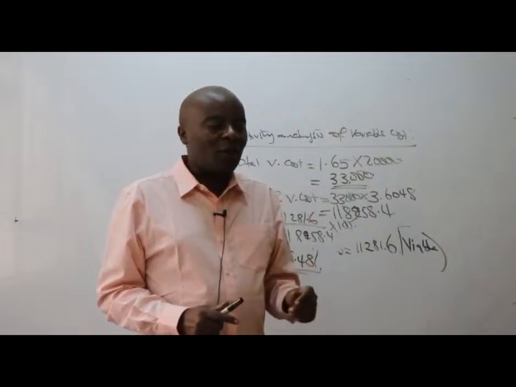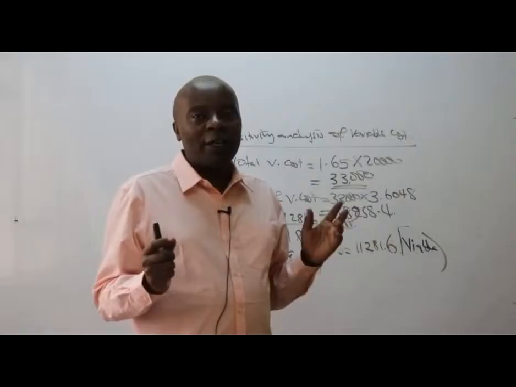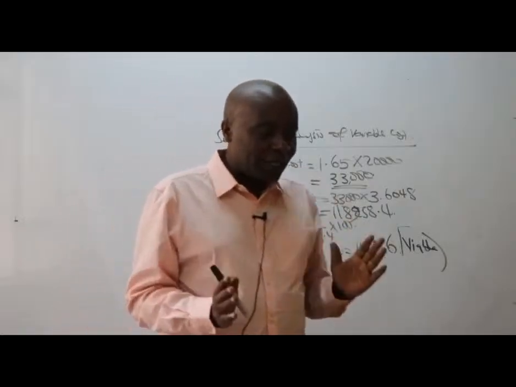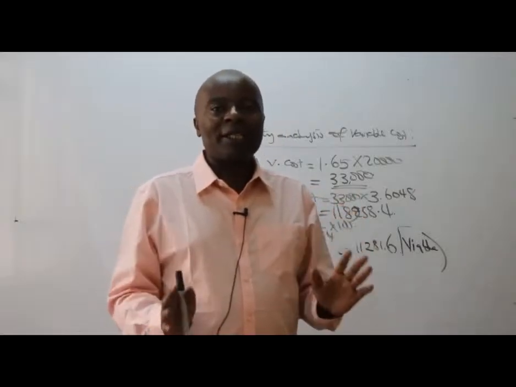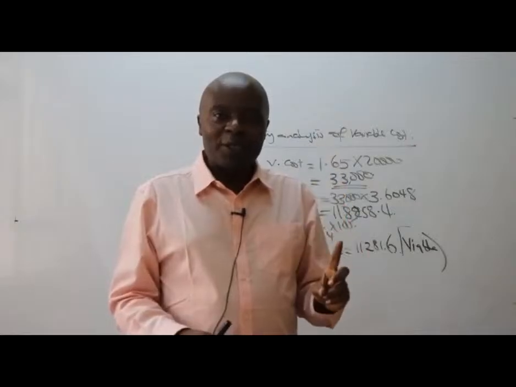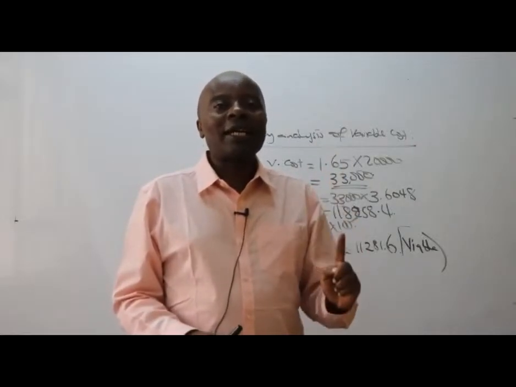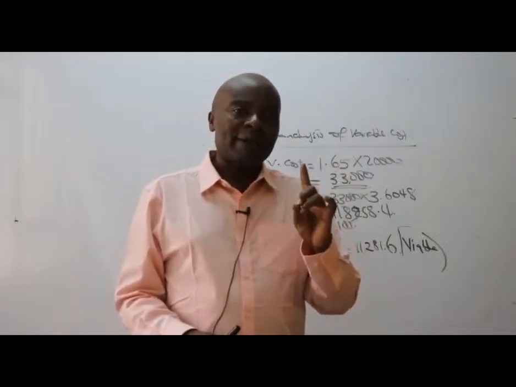So Michelle is saying that the one that has got the smallest percentage of flexibility is sales price. The one with the smallest sensitivity analysis percentage is the one that is most critical. If I'm told to rank those particular variables, I'll start by giving number one to the one that has got the least percentage.